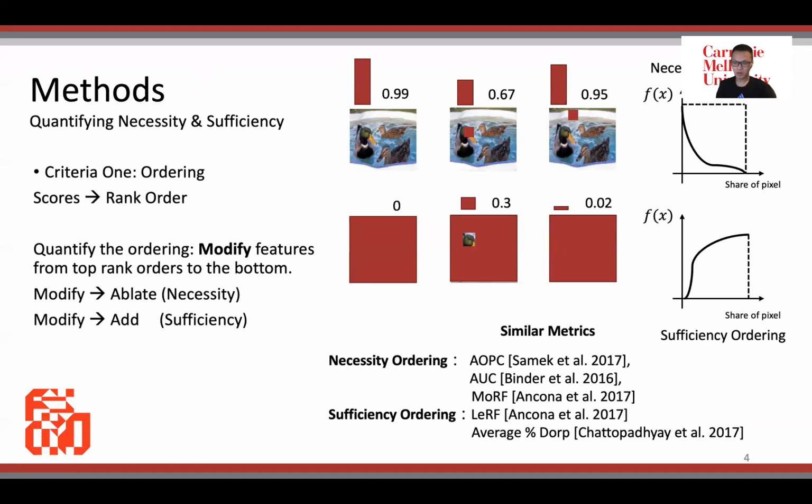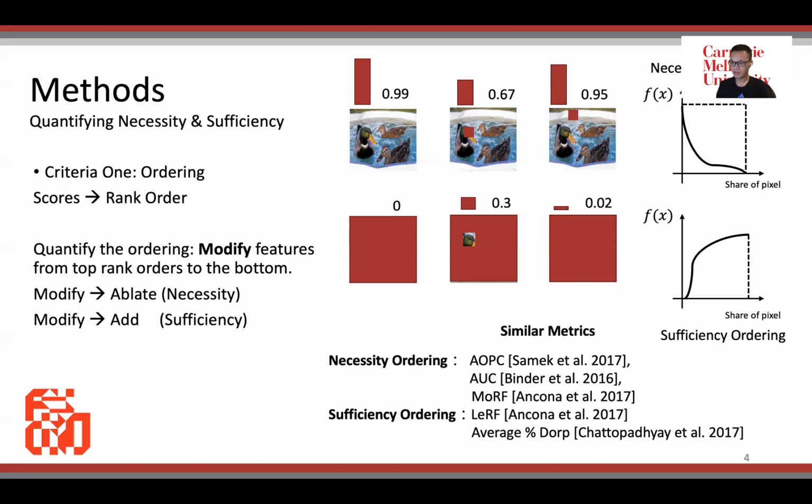How do we actually quantify necessity and sufficiency? The first intuitive way is to simply incorporate the attribution scores as rank orders. We call this the ordering criteria. In view of necessity, ablating the features with the highest scores should jeopardize the output confidence more than ablating other features.